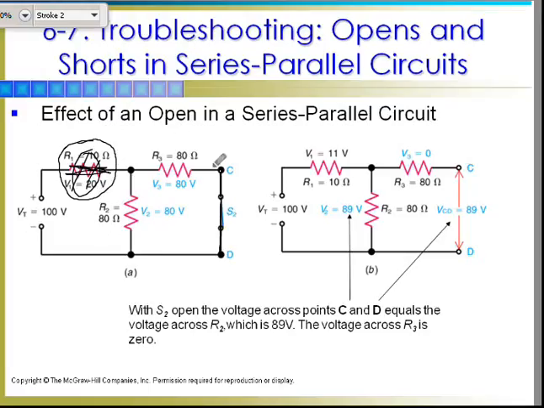You still have a parallel circuit here, and that parallel circuit is still the equivalent of 40 ohms. Okay? And that 40 ohms, of course, you'll drop 80 volts across this point and this point. So across these two resistors, you're going to have an 80 volt voltage drop.